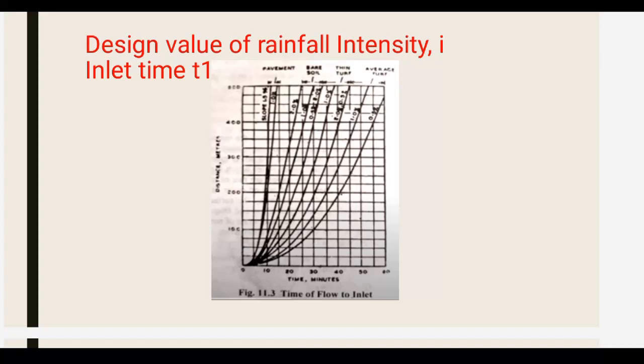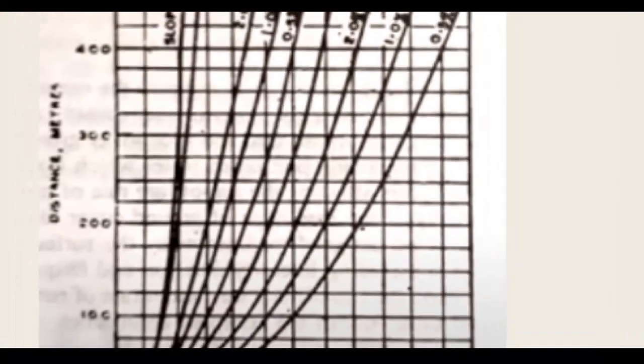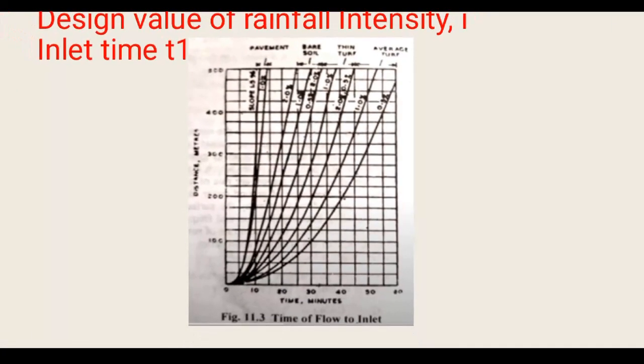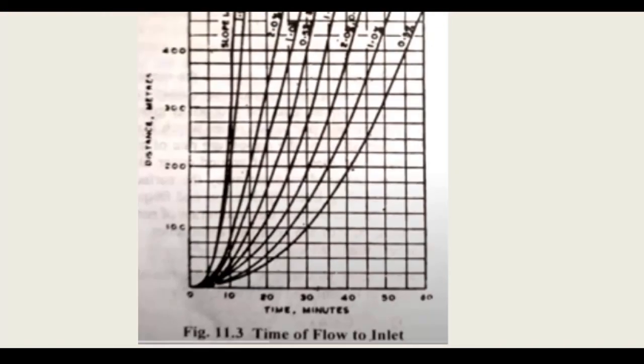Therefore, the inlet time of the storm water to flow from a remote point in the drainage area to the drain inlet is estimated using this chart. Here in this chart it may not be very clear. While solving the problem, I'll make sure that this chart is easily readable.